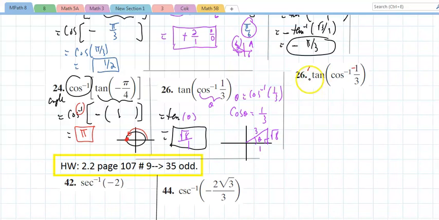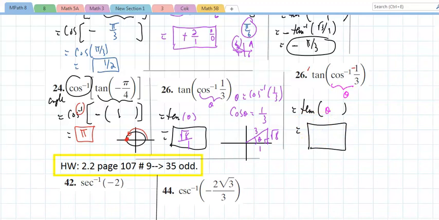And what if I gave you the same problem but I made that negative? You would call this theta still, and you would say, I'm looking for the tangent of theta, and that would be the opposite over the adjacent.